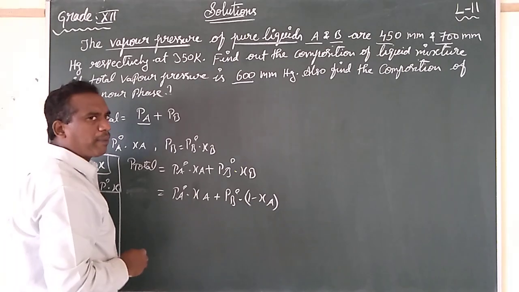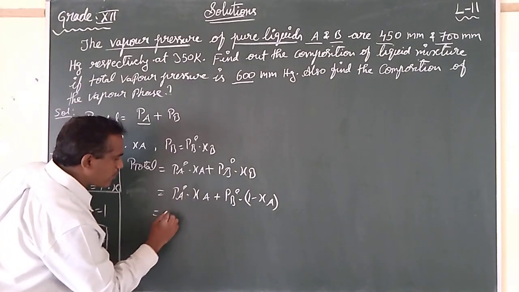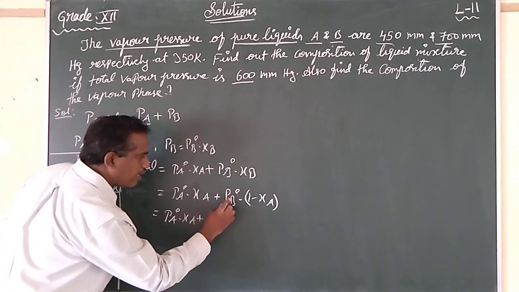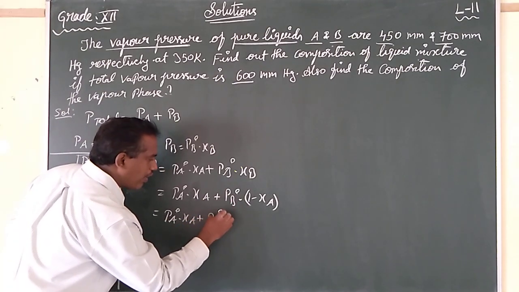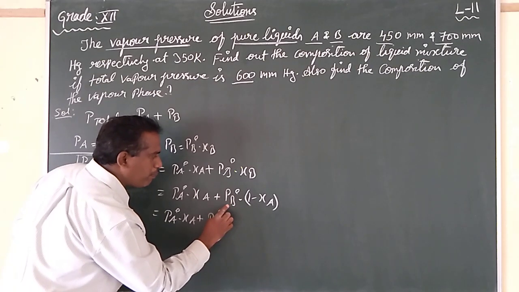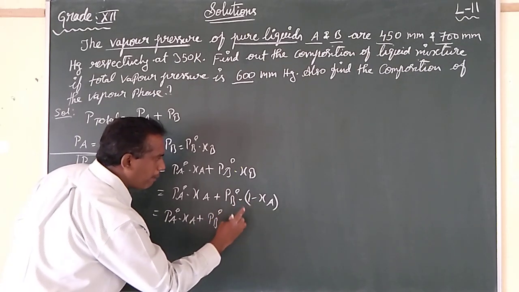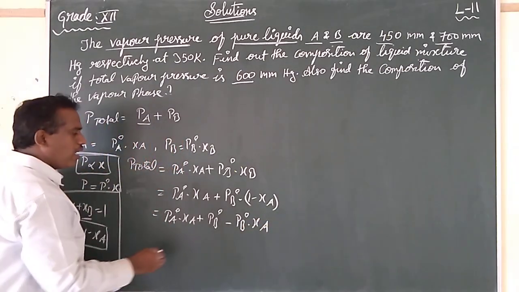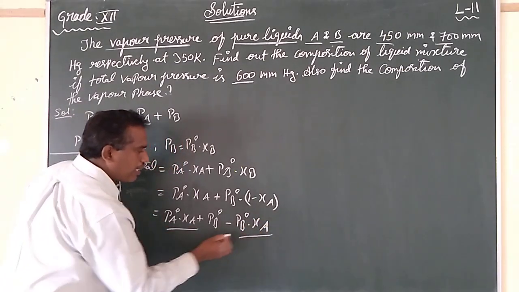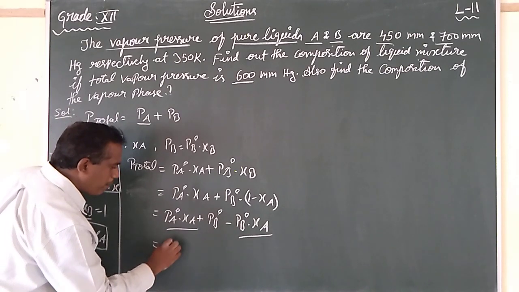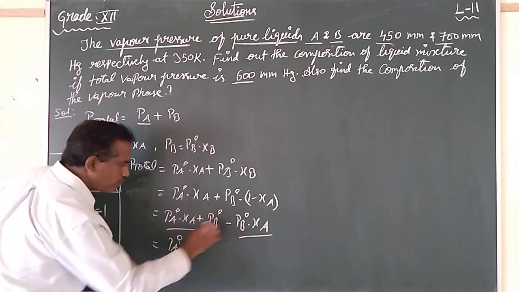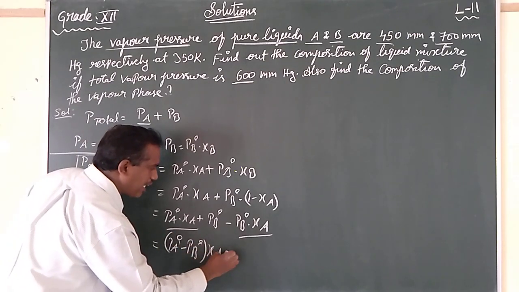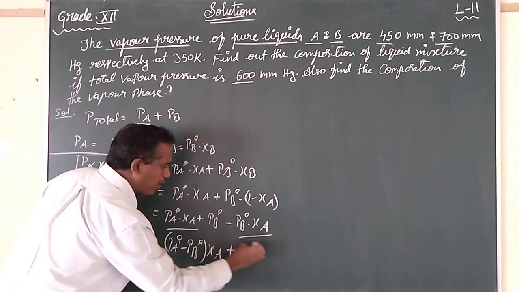So we can write this as PA naught into XA plus PB naught, minus PB naught into XA. These two terms are related to XA: PA naught minus PB naught of XA plus PB naught.